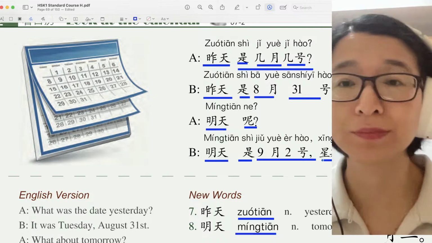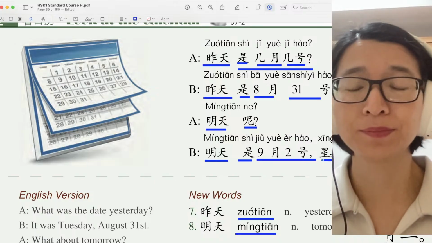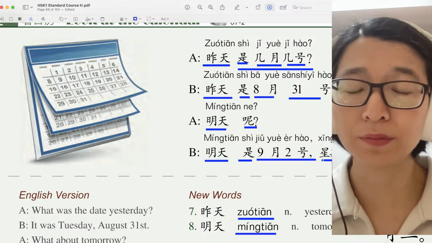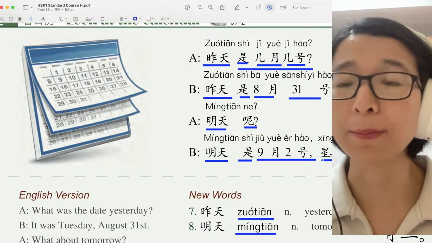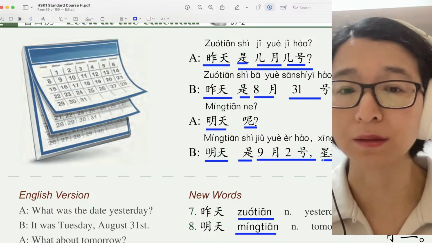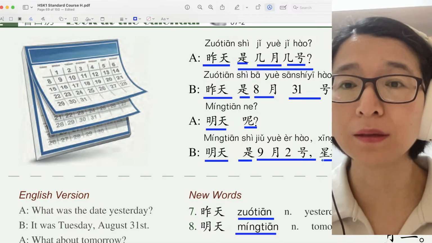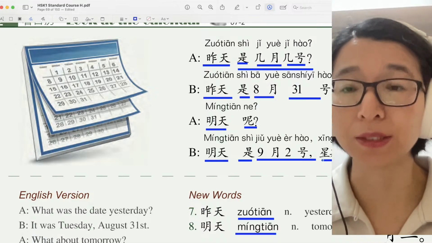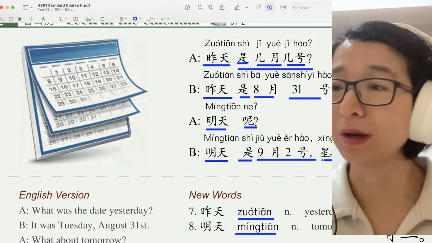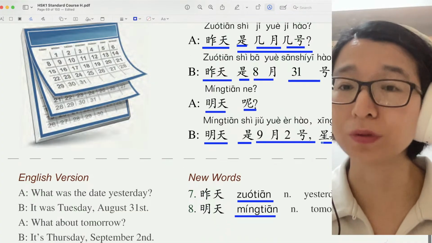Now let's read together. 昨天是几月几号？昨天是8月31号，星期二。明天呢？明天是9月2号，星期四。All good? Shall we go to the third part?